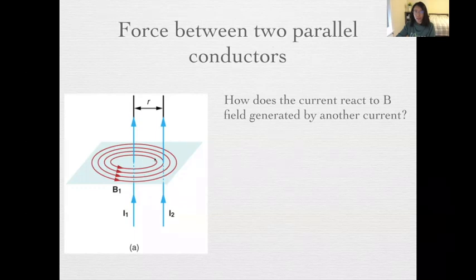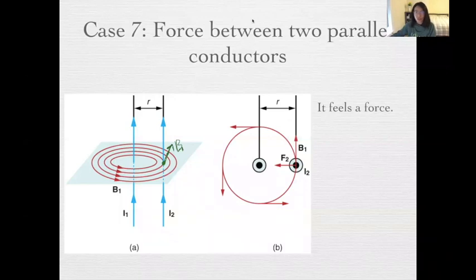The first current creates a magnetic field going counterclockwise, so the magnetic field at the second current will go this way, following its tangential line. Since we know a current can react to a magnetic field, the second current will feel the magnetic field and create a magnetic force. So it will feel a force.